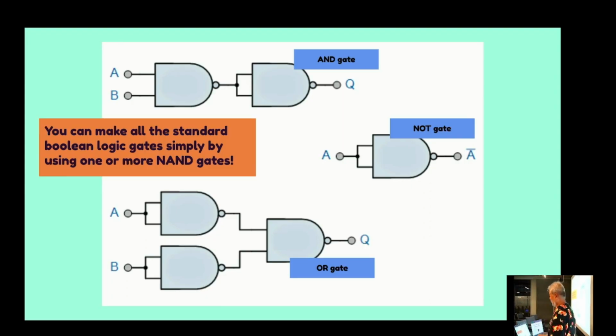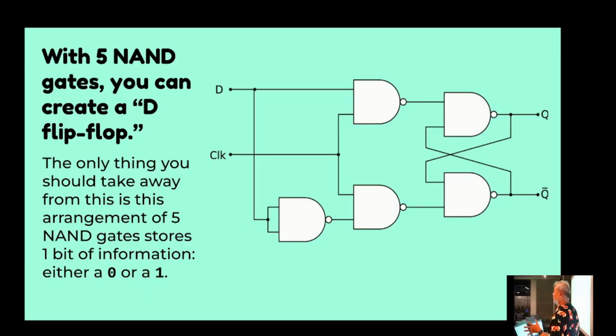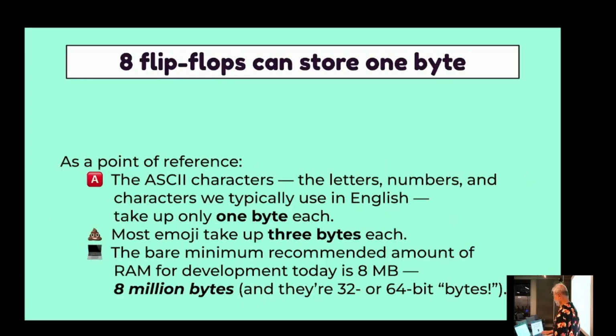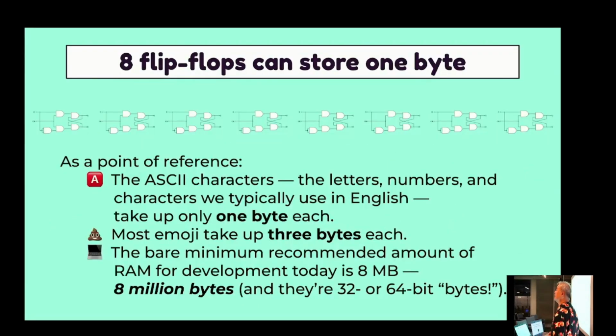But even better, take my word for it, we don't have time to prove it, but basically, with 5 NAND gates, you can create something called a D flip-flop. Basically, this can memorize 1 bit of information. A byte is a group of 8 bits, and if you take 8 flip-flops and put them side by side, all of a sudden you can get them to store a byte.